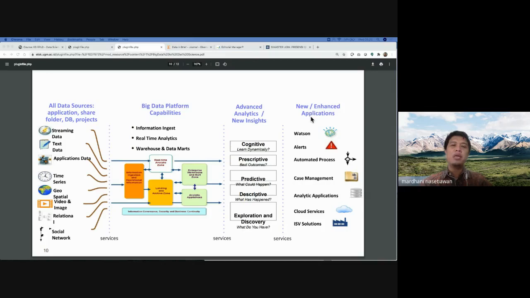All this will be the application that we can use. We can build an alert system, automated process, case management, and then analytic application, cloud services, and also solutions for industry. So that will be the new enhanced application on it. So if we see the big picture, actually all these components work together. It cannot be independent and not work together.